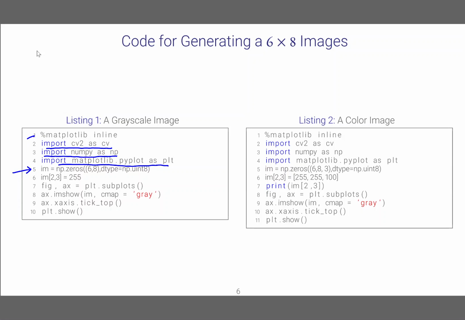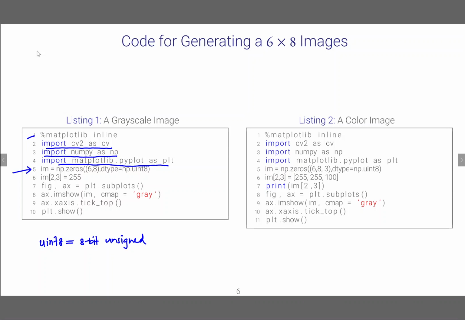So you can see we are creating a 2-dimensional array, im equals np zeros 6, 8, data type np uint8. So you can see the size of the array is 6 by 8, data type is uint8. Uint8 means that these are 8-bit unsigned numbers.